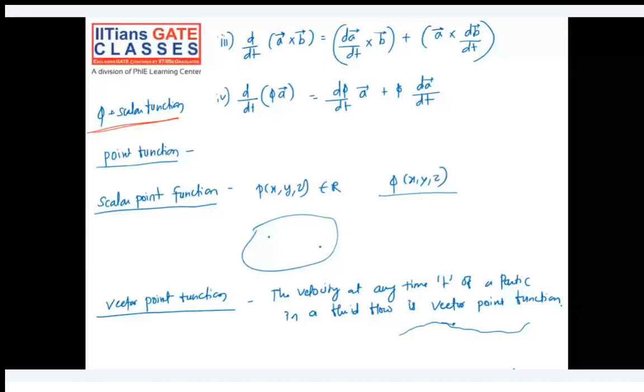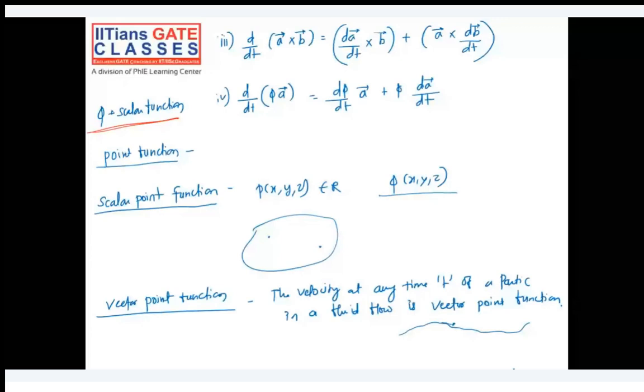What is a scalar point function? Point functions are of two types basically: either a scalar point function or a vector point function. What is the definition of the scalar point function from this figure? Okay.